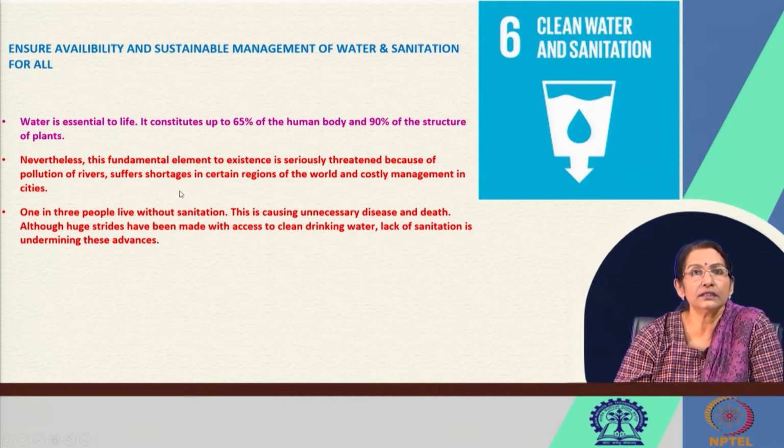But it is seriously threatened because of the pollution of the rivers, then air pollution, and shortage of water due to irregular seasonal rains, or disruptions in the seasonal cycles, climate change, and all kinds of things.